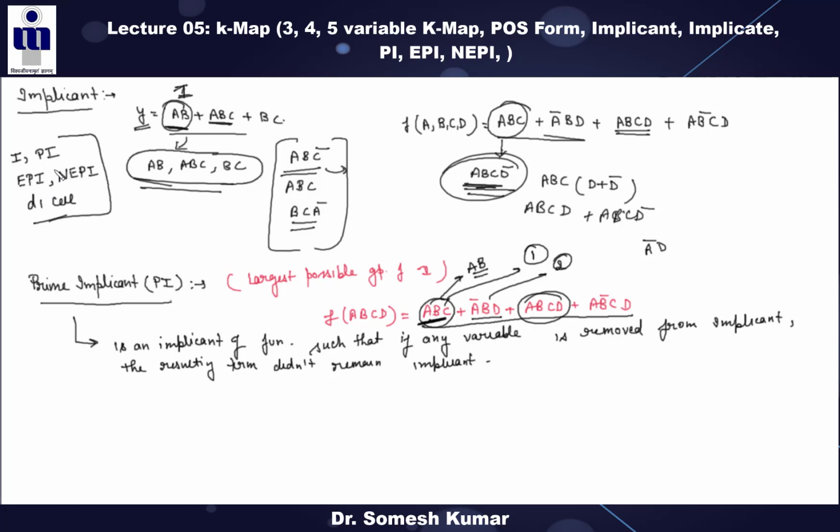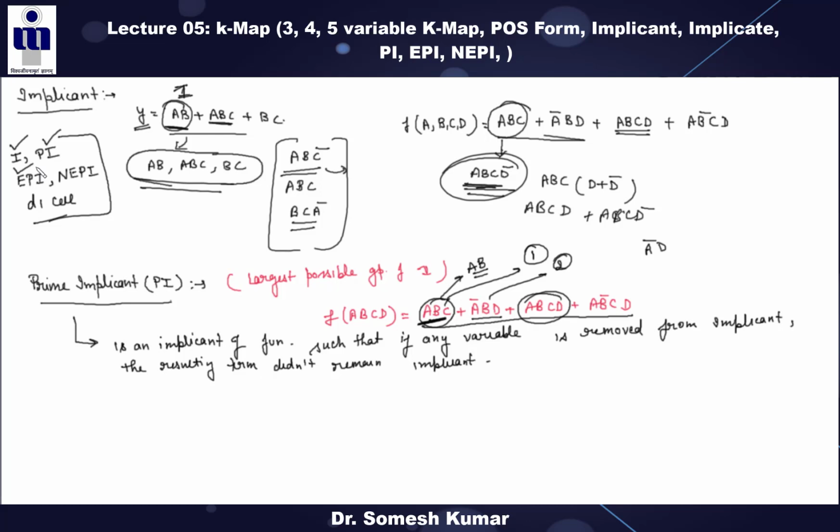With the K-map you can easily find these. I already told you the meaning of implicants and prime implicants. Essential prime implicants are those prime implicants which must come into the minimized expression.